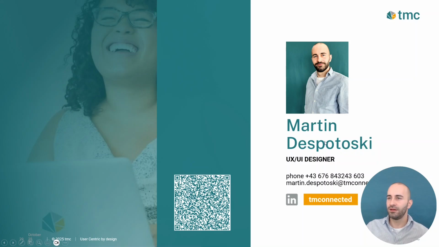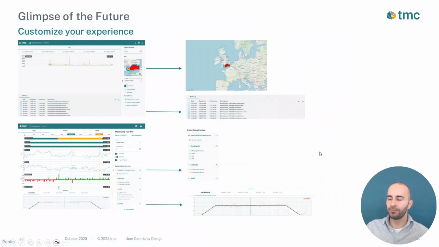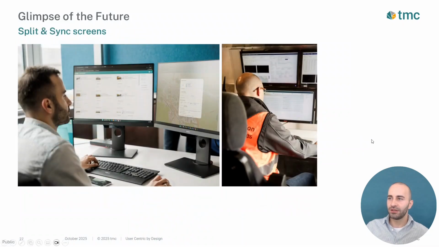Great. Let me go back to the slide for a moment. As I mentioned, the split screens are basically used by everyone in this industry. Whether you're doing an office job or you're on a machine, nowadays you use more than one screen. Until now we were focused on having everything in compact mode and providing the user with the information needed in compact mode.